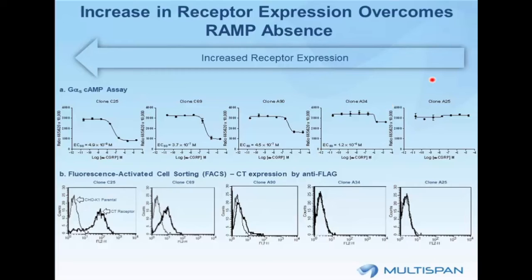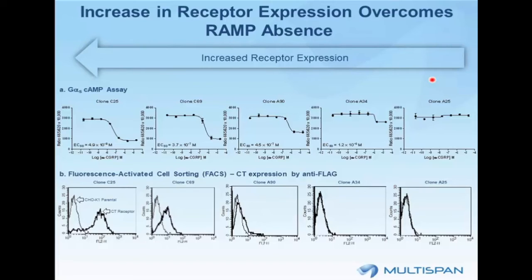So you have to pay attention to whether the cells have endogenous RAMPs, probably quite a bit of expression of RAMPs, and you also have to pay attention to how much receptor expression you have in those cells so that the endogenous RAMPs don't play a role in the pharmacology of that receptor.